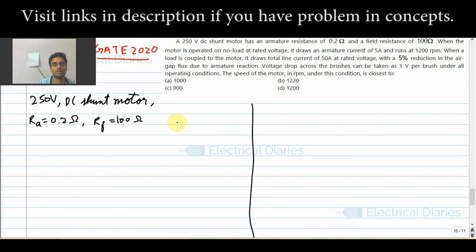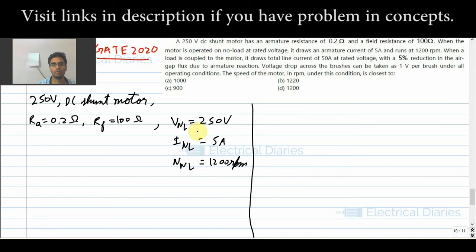When the motor is operated at no load at rated voltage, V no load is equal to 250 volts. As it is rated voltage, it draws an armature current I no load of 5 amps and speed at no load is 1200 rpm. So this much data is given to me for no load.